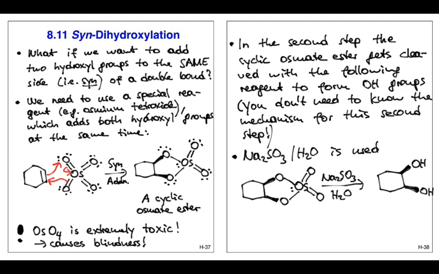Of course, in this case, we're forming an achiral product because it's a meso compound, which has a mirror plane coming out of the plane of the board and cutting right through the center of the molecule. This is why it's achiral, so we don't have to draw the enantiomer. There's no enantiomer of this compound. It's an achiral meso compound.